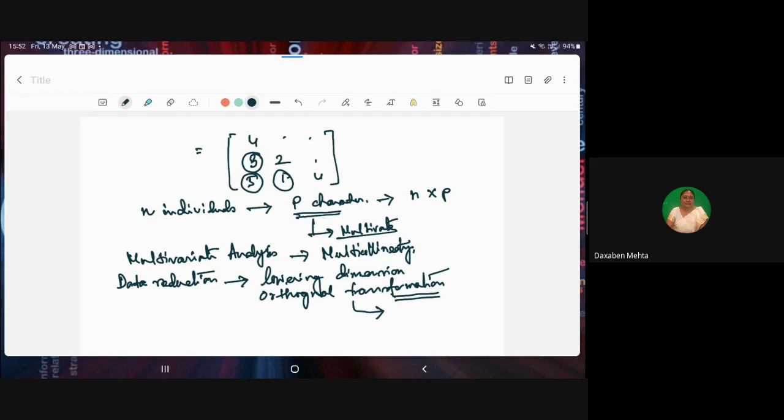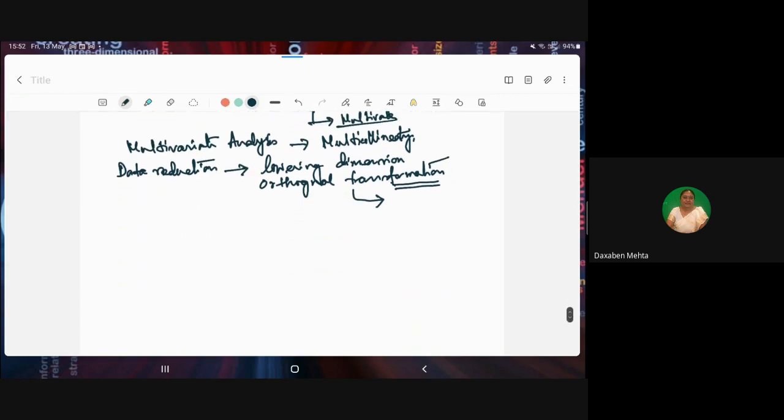I'm not going into the process now, I will come back to it. By some process you are lowering the dimension, and the process is known as orthogonal transformation. And by this orthogonal transformation, what we get are the principal components. This is the crux of the analysis.